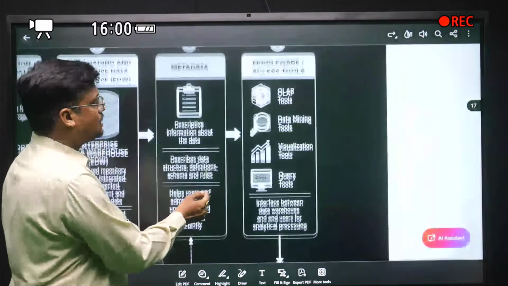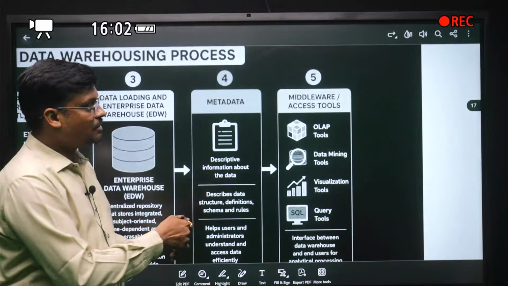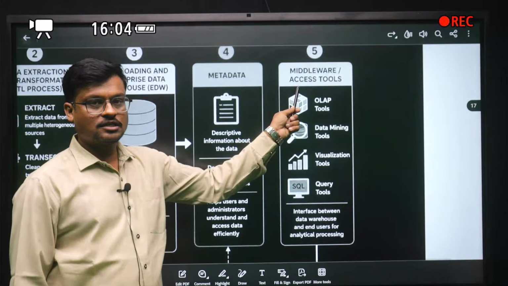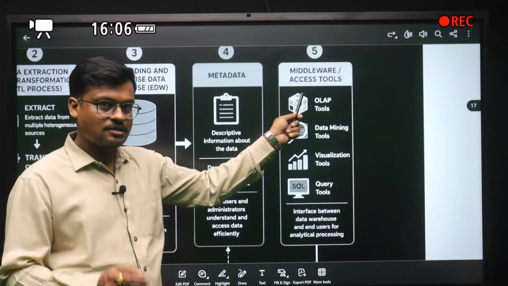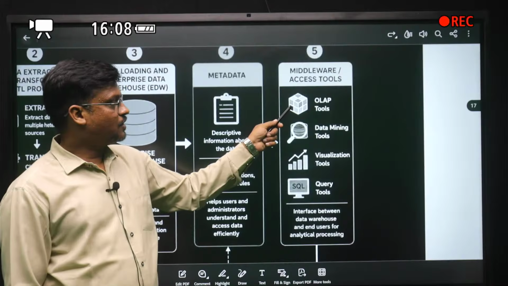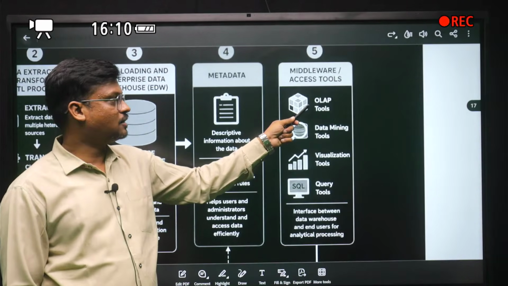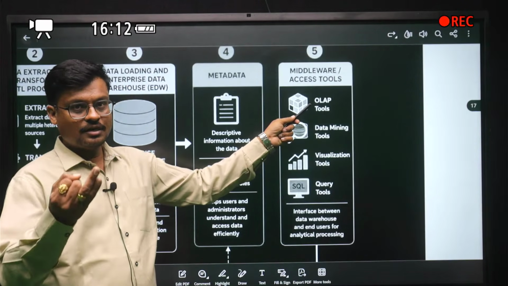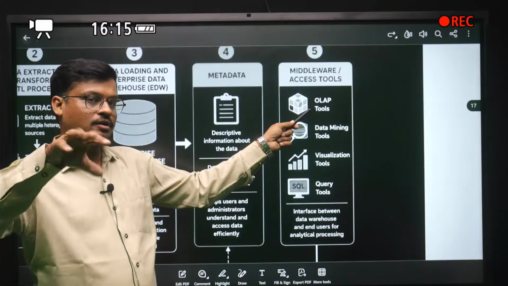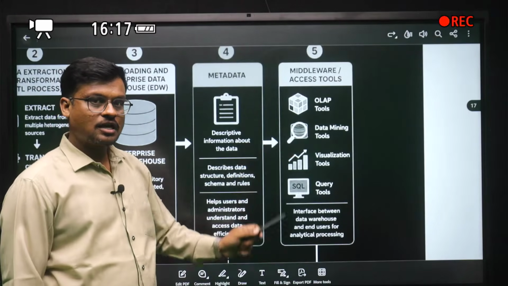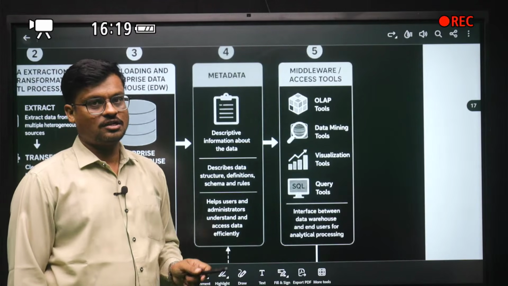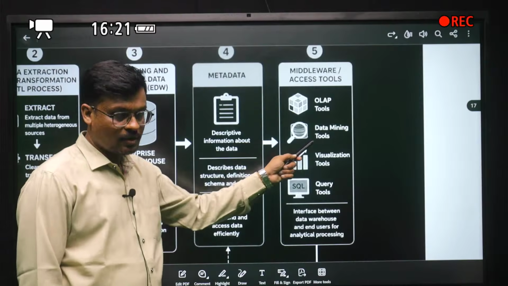And the last thing is, on this we will be applying our middleware access tools, that is, data mining techniques are applied in the last tool. We have the multidimensional cube technique, that is the OLAP tool: slice, dice, pivot, roll up, drill down. Data mining tools: classification, regression, clustering, association rule mining.